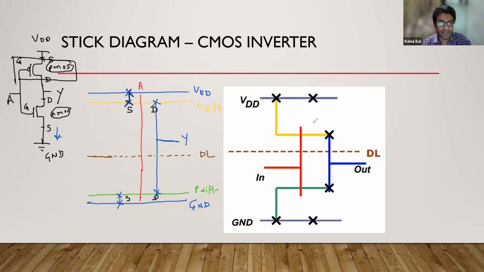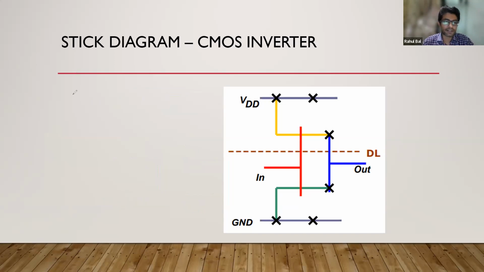Once again, I will explain this. See, we are designing CMOS. So first is our PMOS and then NMOS. Here input, here output, VDD, ground, source, gate, drain, drain, gate, source.